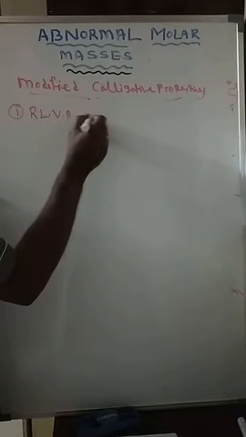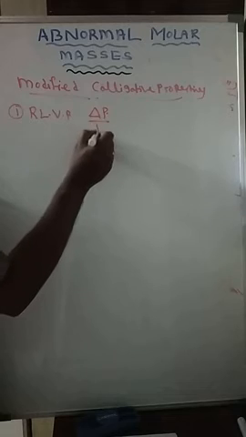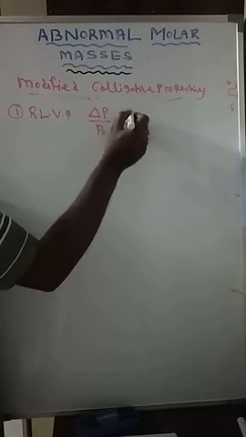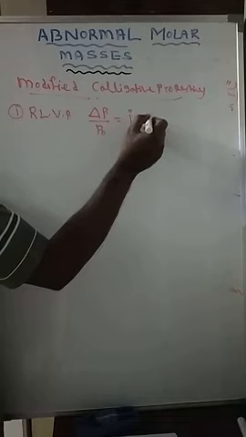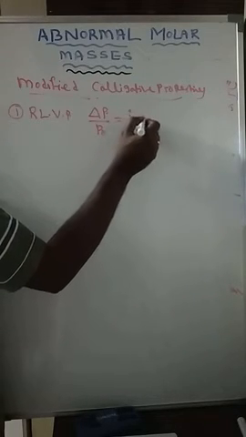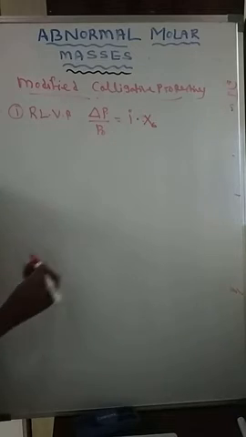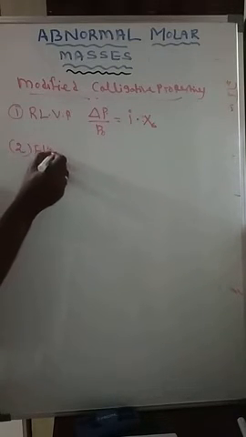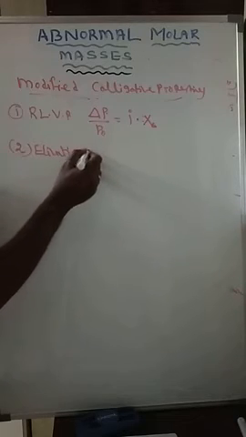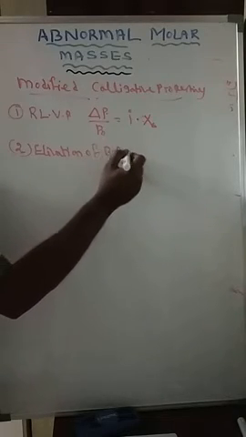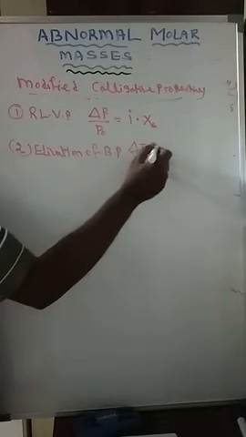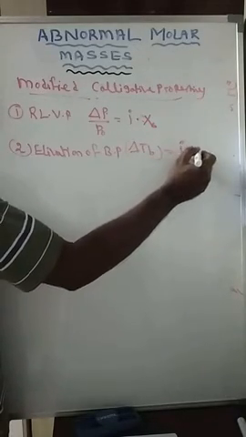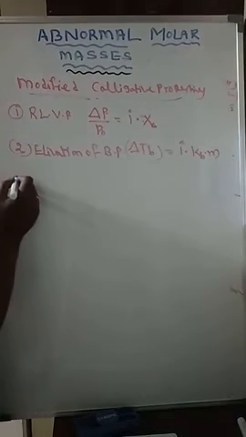The RLVP is defined as delta P by P naught is equal to, earlier it was XS, now we are using i into XS, that is i into the mole fraction of solute. Second one is elevation of boiling point, with the symbol delta TB. Earlier delta TB is equal to KB into m. Now we are using i into KB into m.